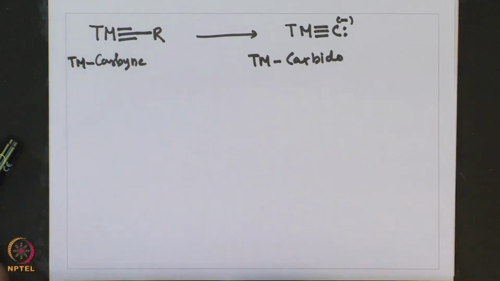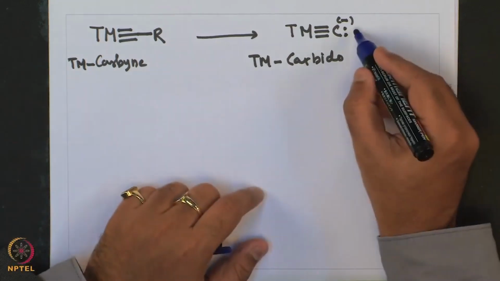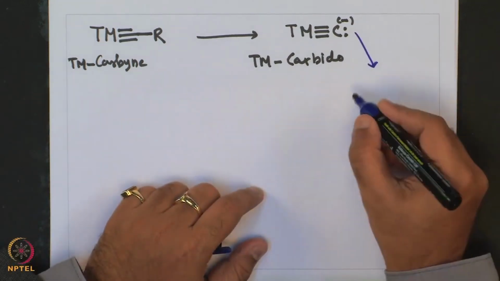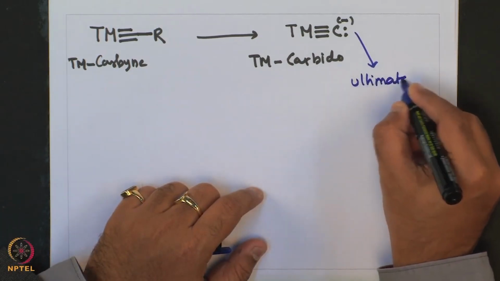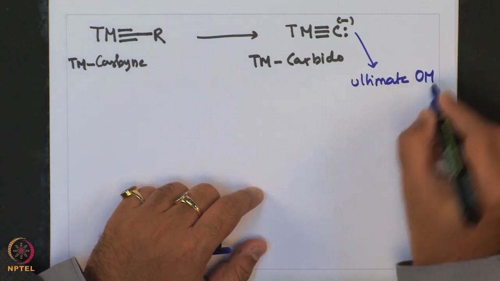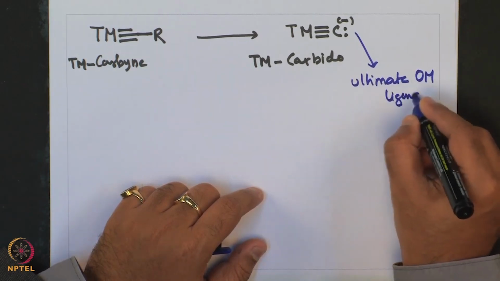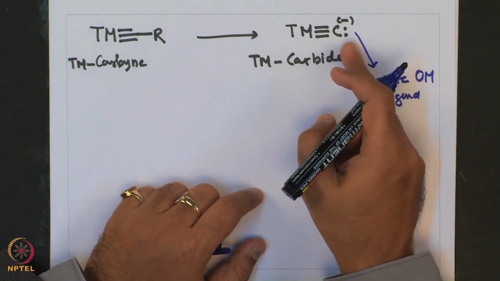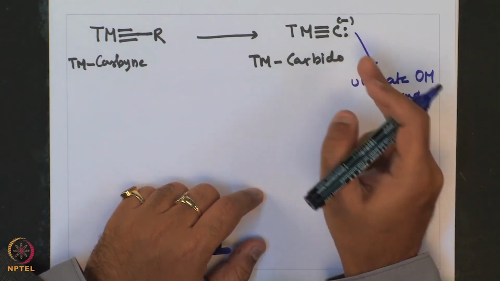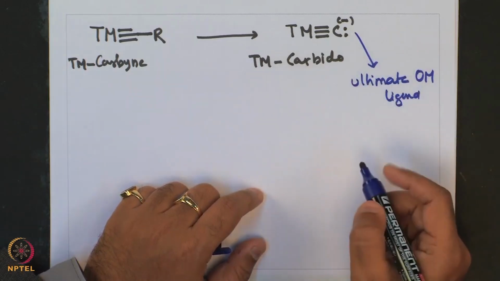Now, this carbido is a very interesting ligand. This is the ultimate organometallic ligand, because it is fully carbon and there are no other substituents on the carbon, and this is a C minus kind of species.